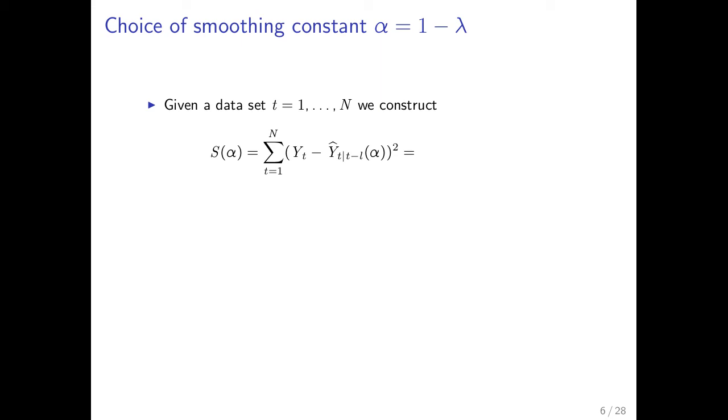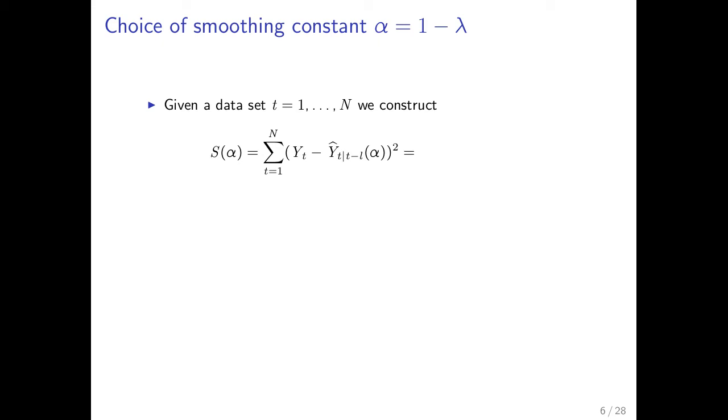Now, the challenge here is how to choose a smoothing constant. What is a good value for alpha? Someone said earlier today, well, what if you get an outlier? You're quite sensitive to that. Yes, you are. But that's why we should define some measure.